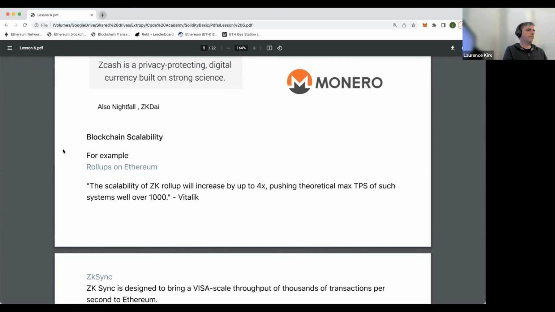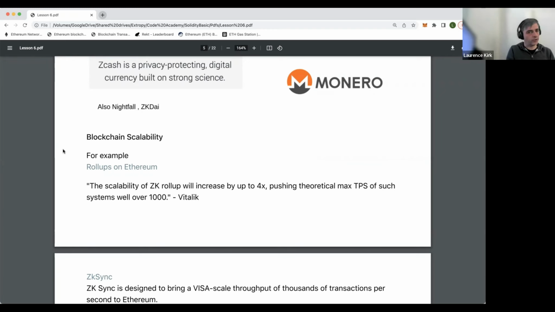And so you get a massive speed up because you're able to batch together the way that transactions are being verified. And as I say, one of the types of rollups is zero knowledge rollups, where you have a zero knowledge proof. There are other types of rollups called optimistic rollups, which have nothing to do with zero knowledge, and I won't go into those here.